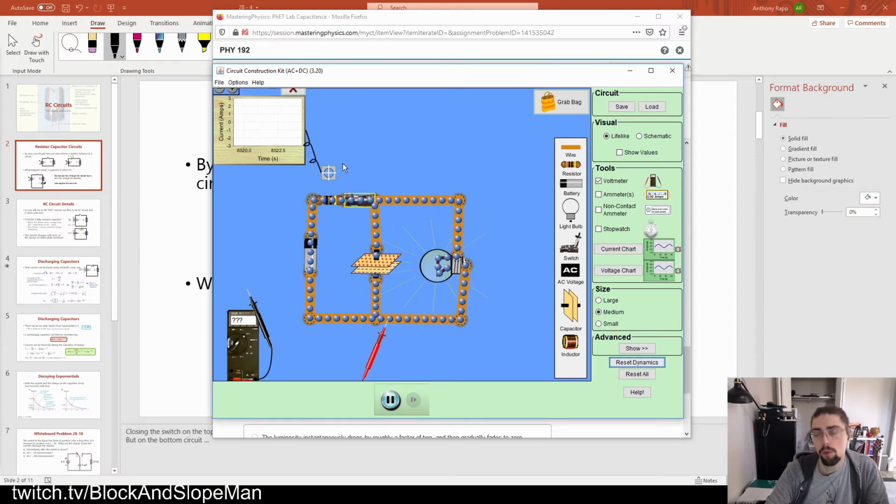And why would that be? Well, if we actually look at what's going on here, in the very first instant that the switch is connected, so the battery and the capacitor are connected together, there is no potential difference over that capacitor.